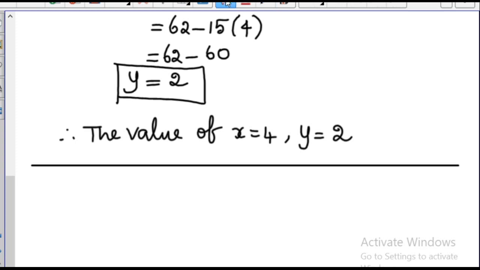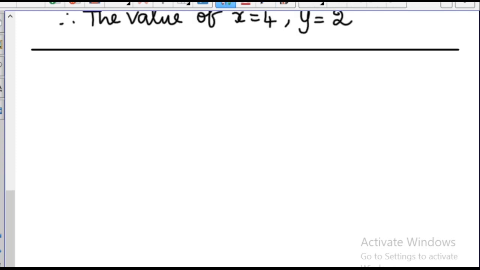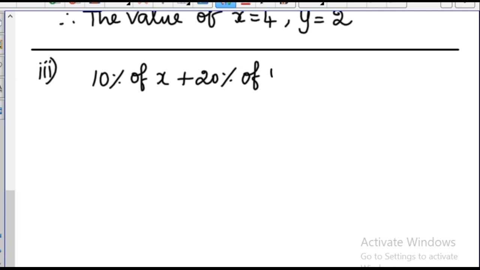Then next, third subdivision. 10% of x plus 20% of y is equal to 24.